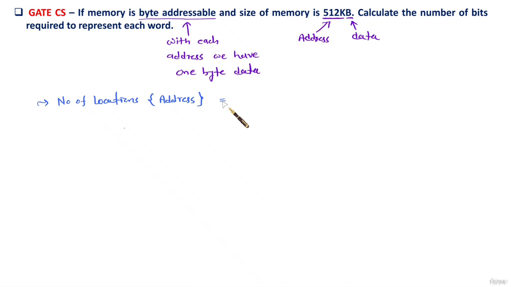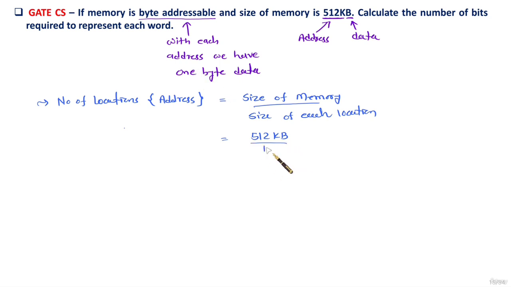So number of locations is the size of memory divided by the size of each location. The size of memory is 512 KB. The size of each location: it is byte addressable, so it is 1 byte, meaning B. So this B and this B get cancelled and you have 512K number of locations. That is how we identify the number of locations.